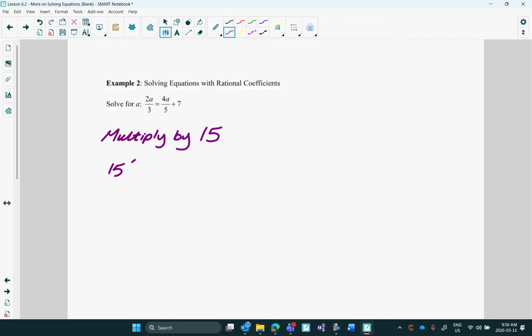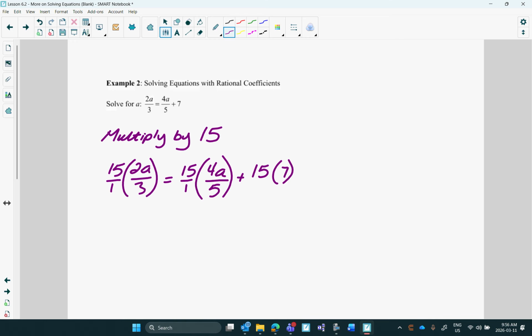So 15 times 2a over 3 equals 15 times 4a over 5 plus 15 times 7. And where we see the fractions, let's make the 15 into 15 over 1. What do these reduce to? 5 and 1, which means the fraction is going to disappear. What's left?